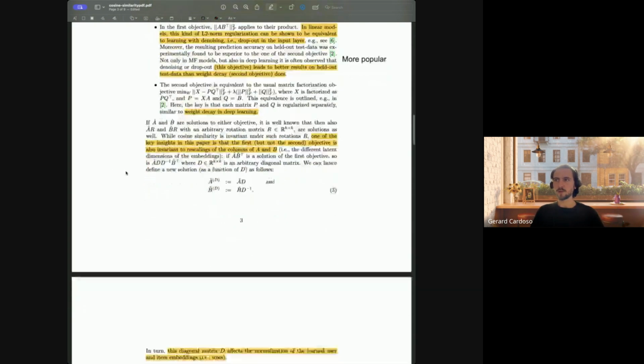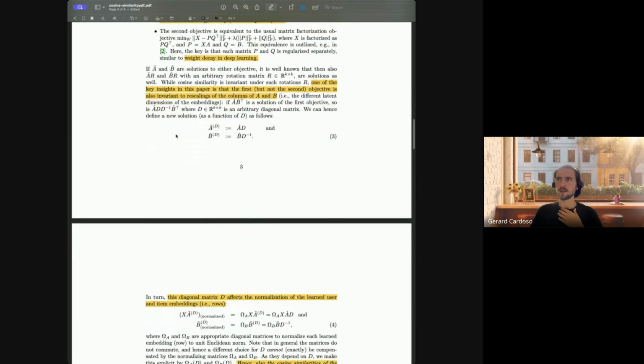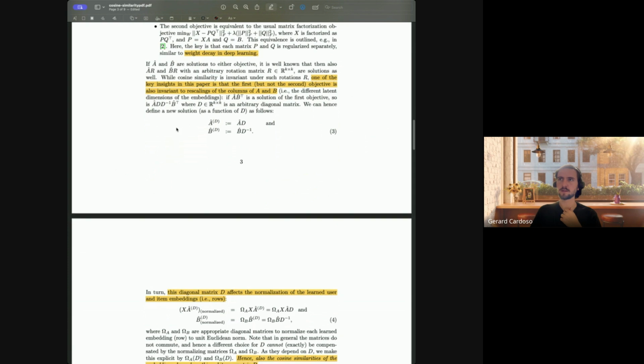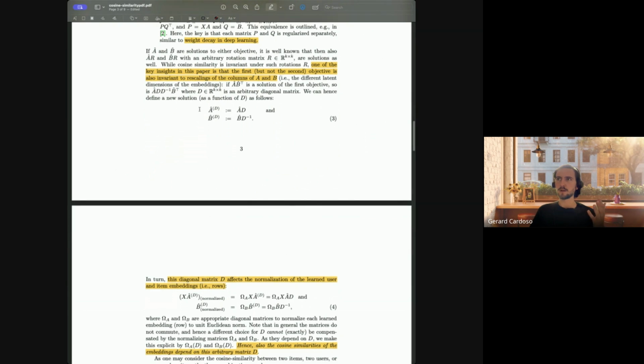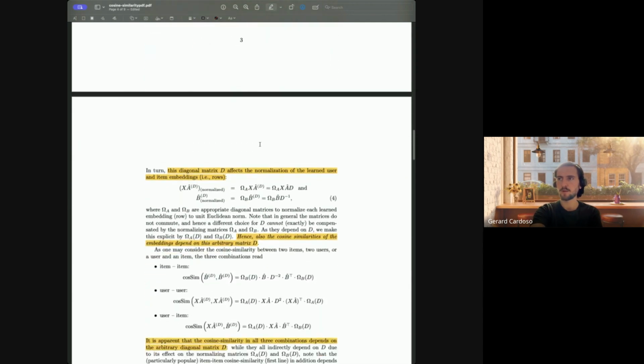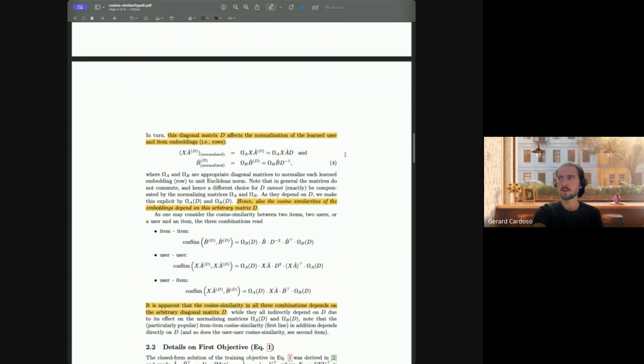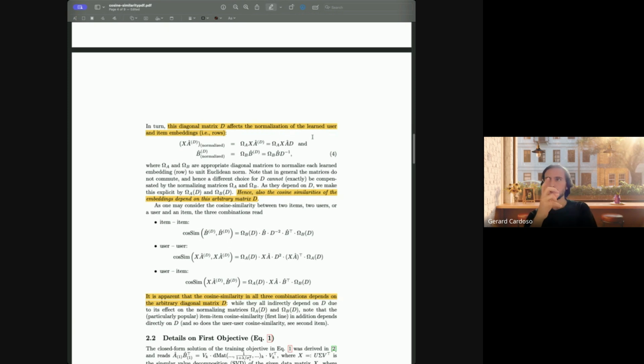And they demonstrate this using a fairly straightforward derivation where you have a diagonal matrix D, and you show that AD and B D inverse is also a solution to the matrix factorization problem. However, it affects the normalization, and the cosine similarity is effectively the same as the normalized dot product.